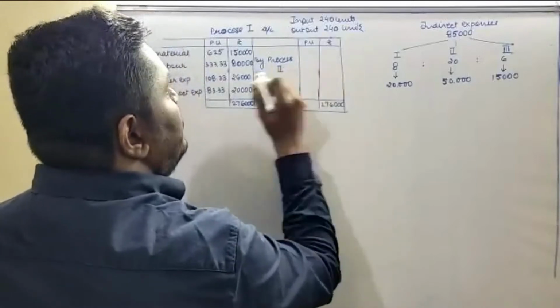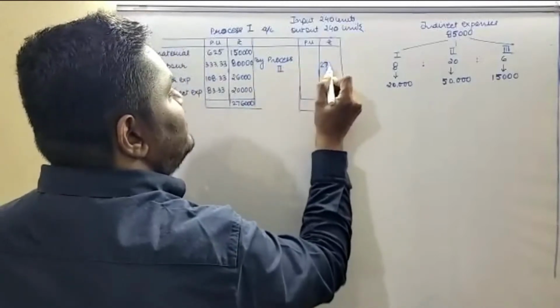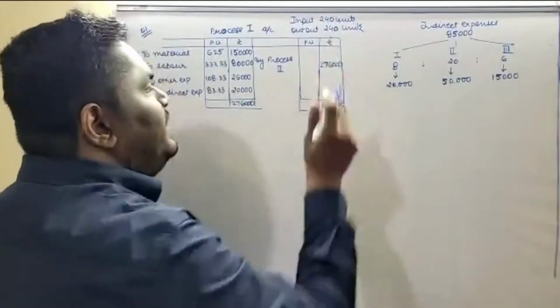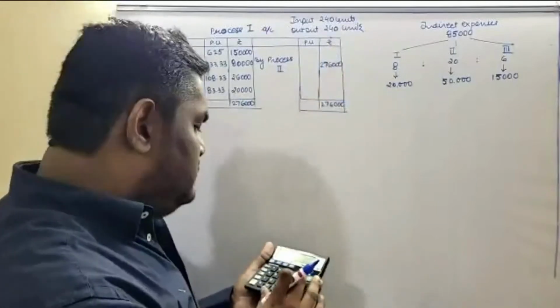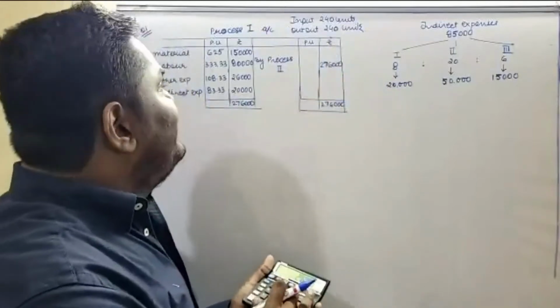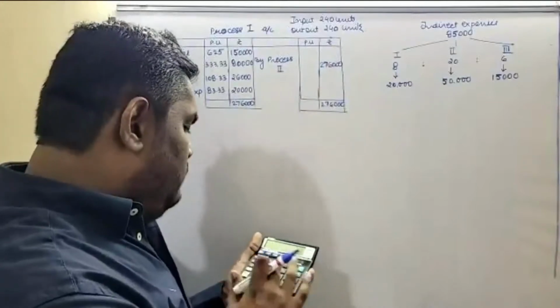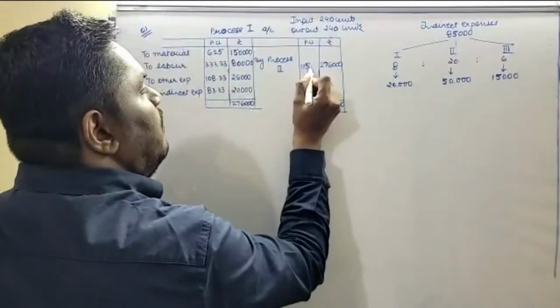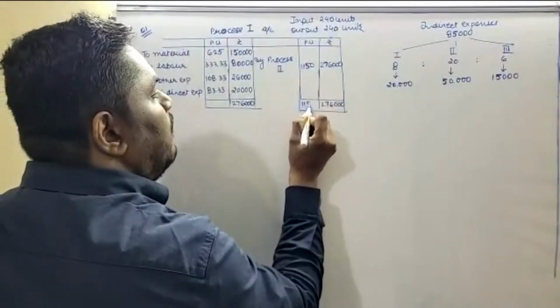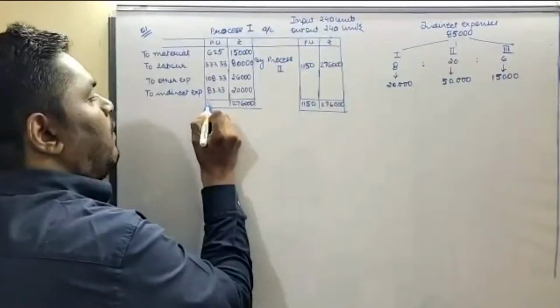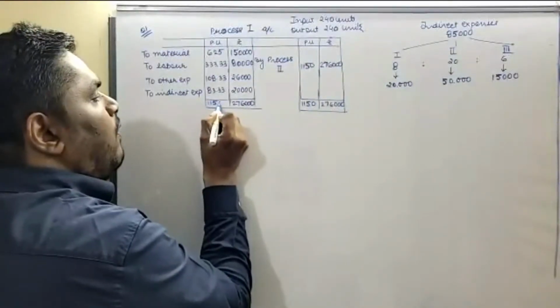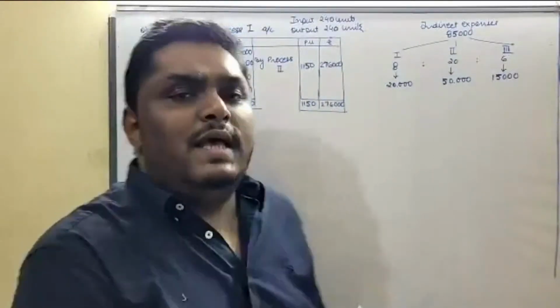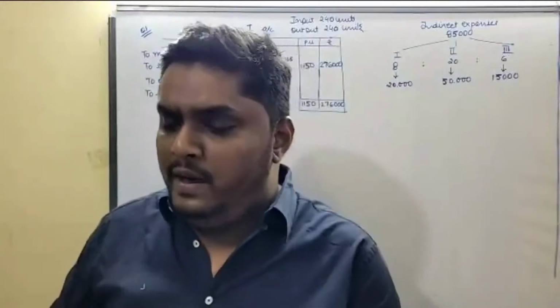The output of process first is transferred to the next process, and the total cost of these 240 units in process first will be 2,76,000 divided by 240. So the per unit cost is 1,150. So this is how a process first account is to be prepared.